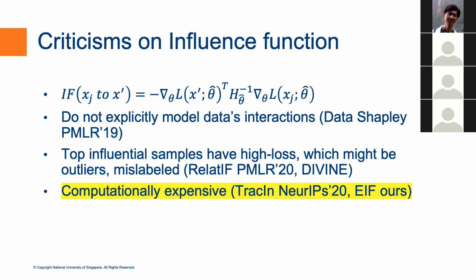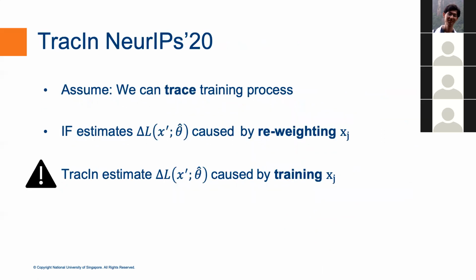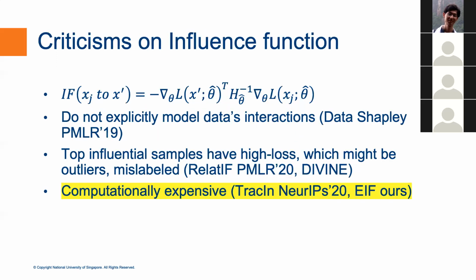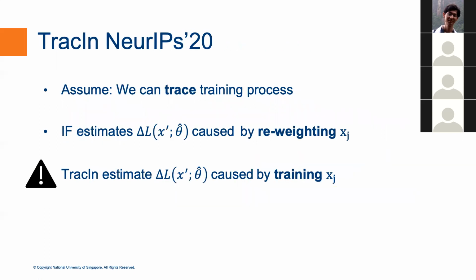And the third criticism is that it is computationally expensive. So there are two works working in this direction. One is TracIn, the second is our EIF. For TracIn, we need to make an assumption that we can trace the training process.